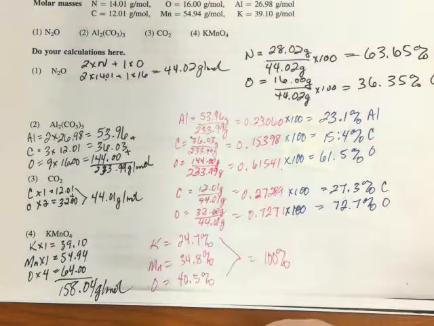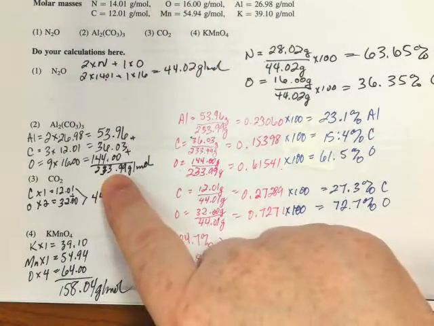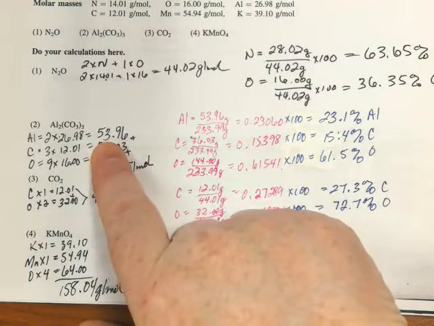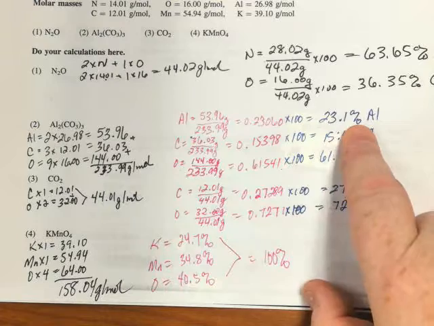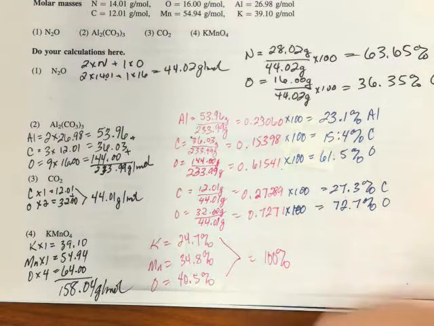Once we have the entire mass of the compound, then we can take the individual mass of each element, divide it by the molar mass times 100, and get the percent composition. So go ahead and pause the video here if you need to review that.